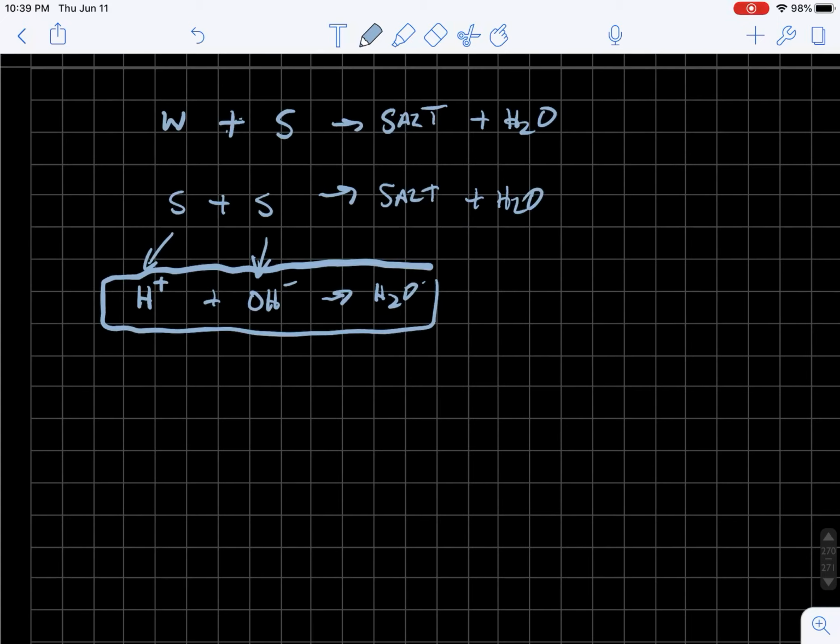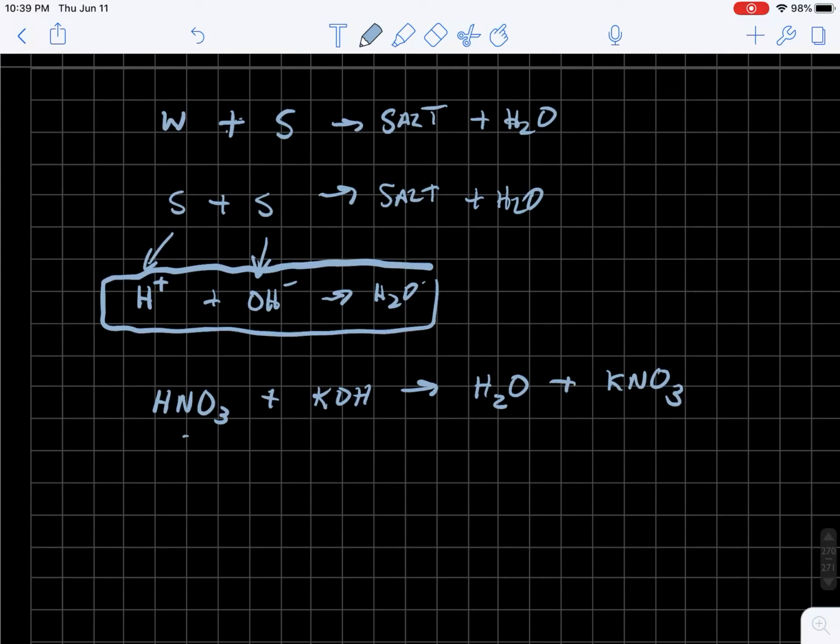For instance, let's use nitric acid, and we're going to react it with potassium hydroxide. Neutralization reaction. So we are going to switch the ions. So the H goes to the OH, and the potassium goes to the nitrate.